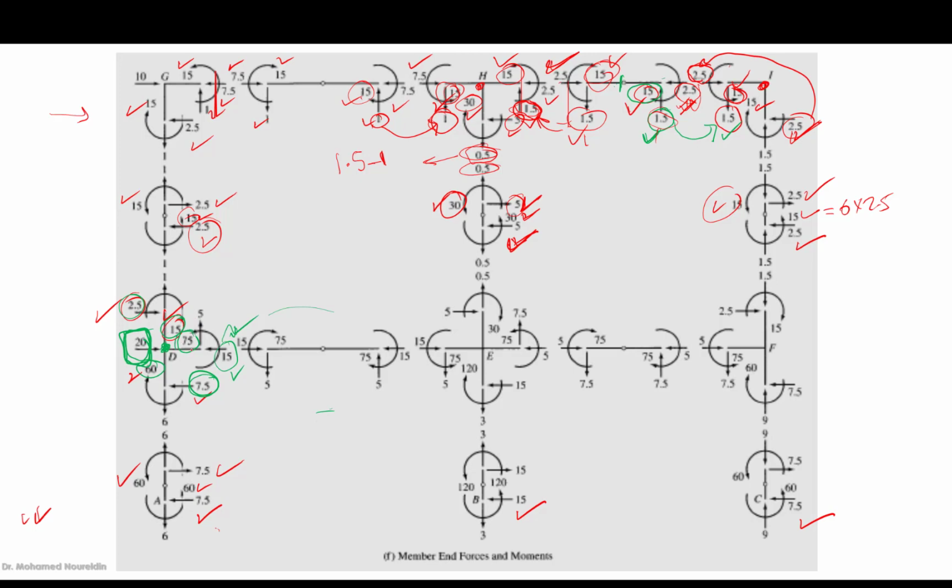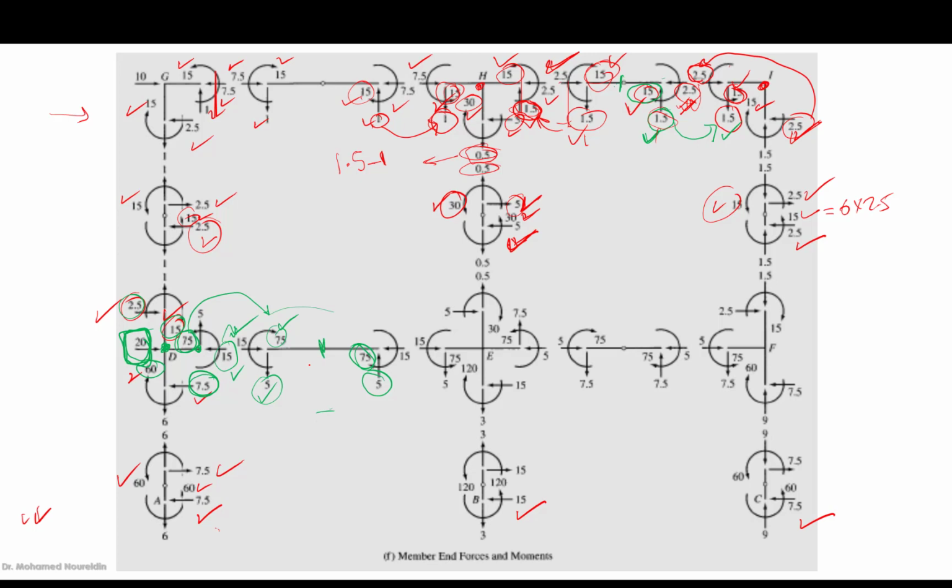So this means that this one is 75, which is the moment at this point. This 75 is going to be reversed here. So this is another 75, okay? And from this 75, taking the moment here, we can obtain the shear at the girder. This is the shear, and this shear is going to be reversed here. And this moment is going to be the same sign here, okay?